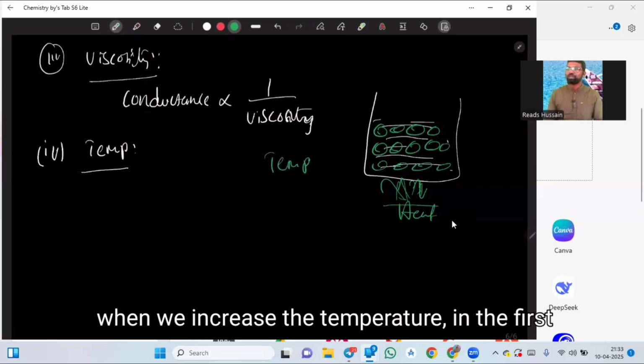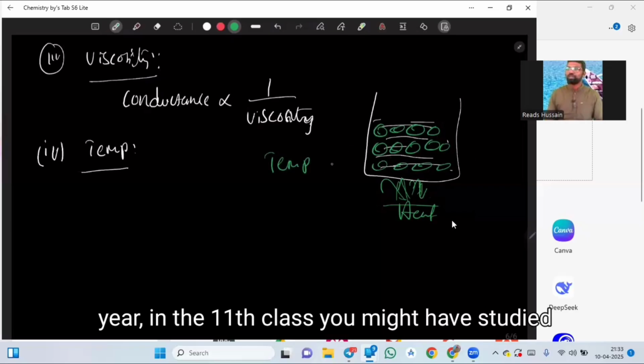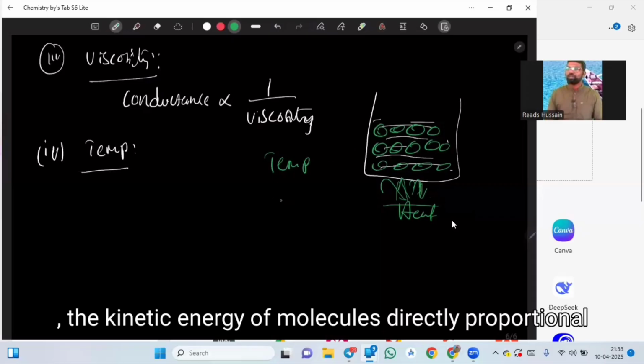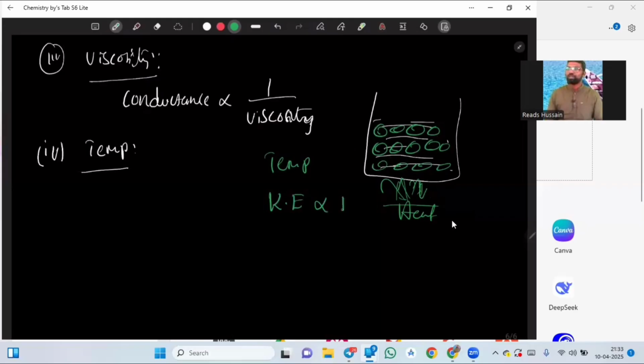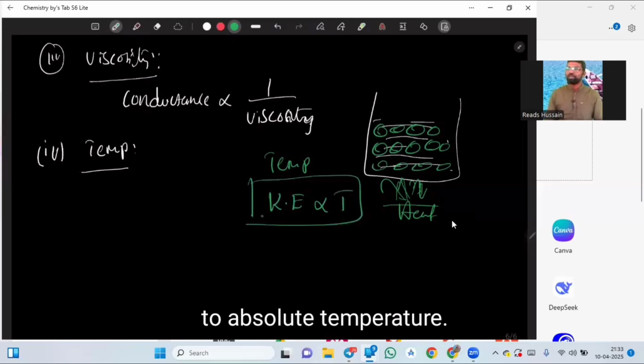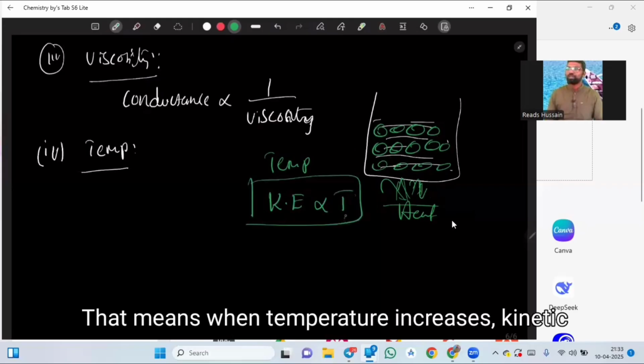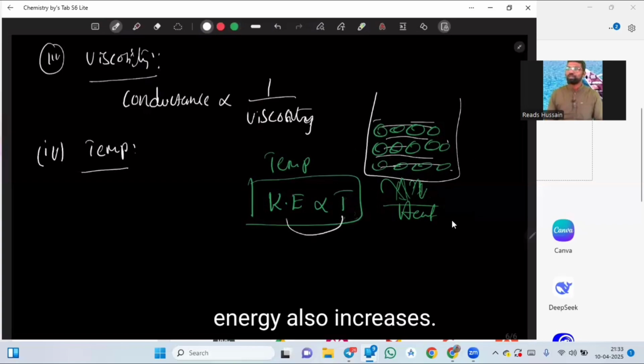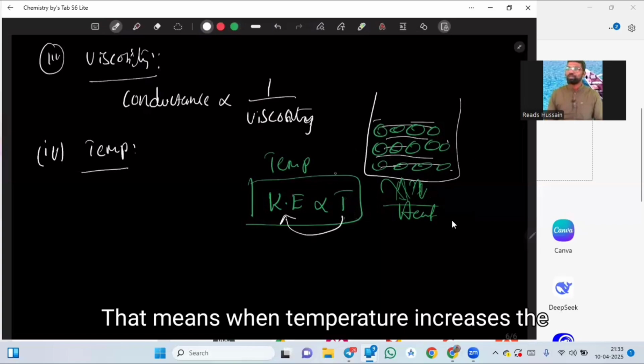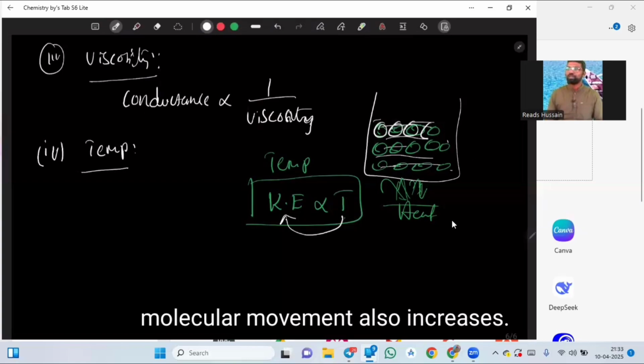In the first year, in 11th class, you might have studied that the kinetic energy of molecules is directly proportional to absolute temperature. That means when temperature increases, kinetic energy also increases, so the molecular movement also increases.